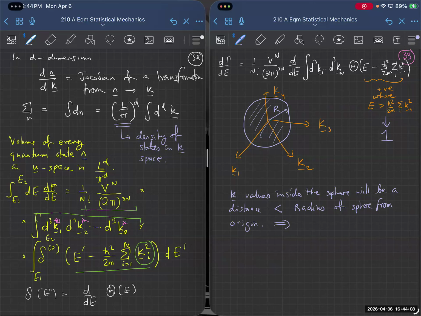from the origin. So actually all we're doing is enumerating states.